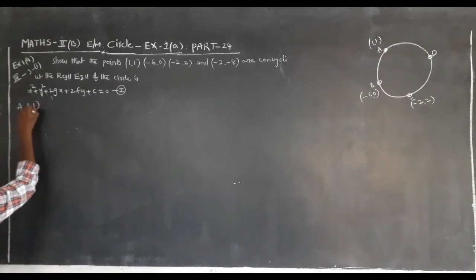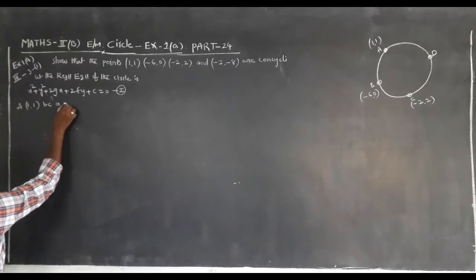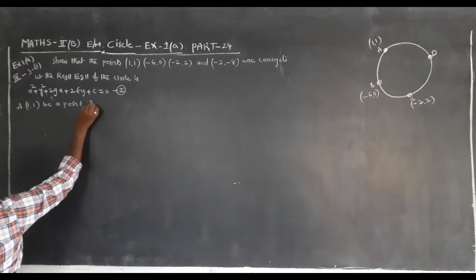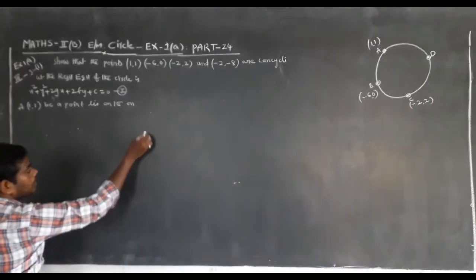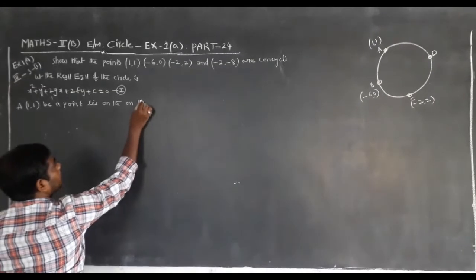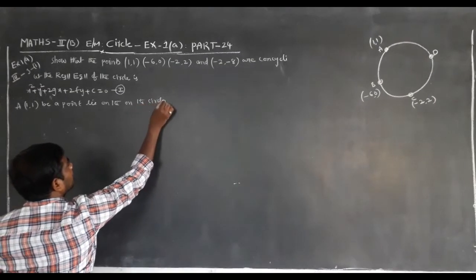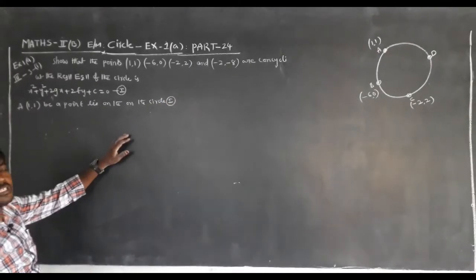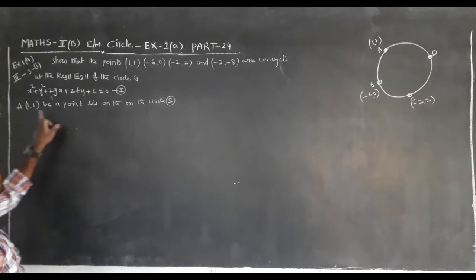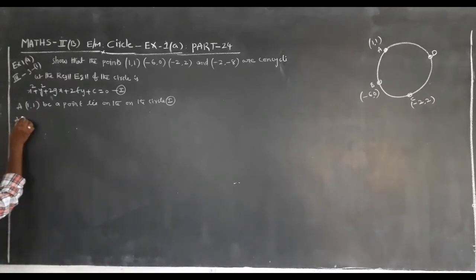A(1, 1) be a point lying on the circle; circle 1 is passing through the point A(1, 1).